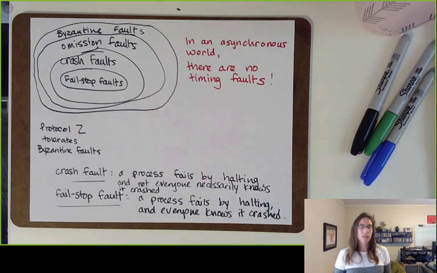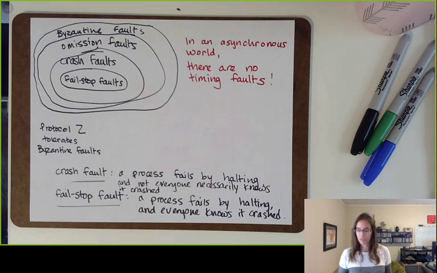So if we had a specification that said things shouldn't take more than a certain amount of time, then we could have timing faults, right? Because anything that violated that spec would be a timing fault. But we don't have a specification like that. In the asynchronous network model, remember, an asynchronous network is one where there's no number n such that no message takes longer than n units of time to be delivered.